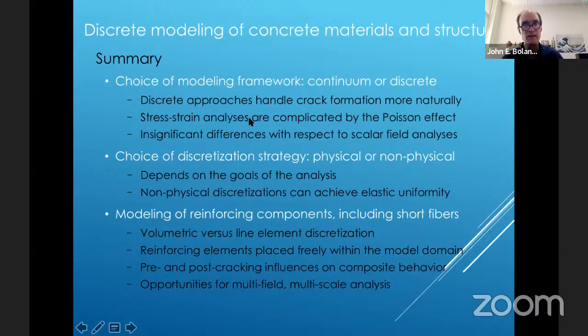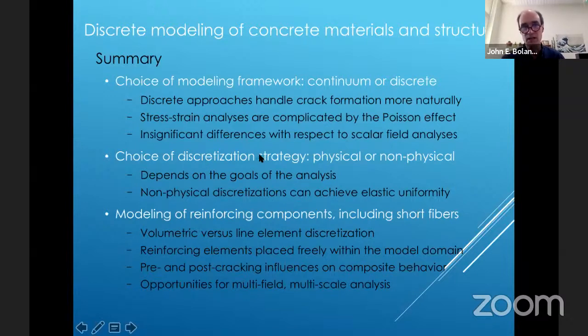However, stress strain analyses are complicated by the Poisson effect. And I showed you several examples that because of Poisson's ratio, we can get noise in the stress and strain fields. And this can be something that we use to our advantage, or it could be a disadvantage. If you're just modeling scalar fields, by that I mean temperature, humidity, there's really not much difference between using finite elements or discrete models.